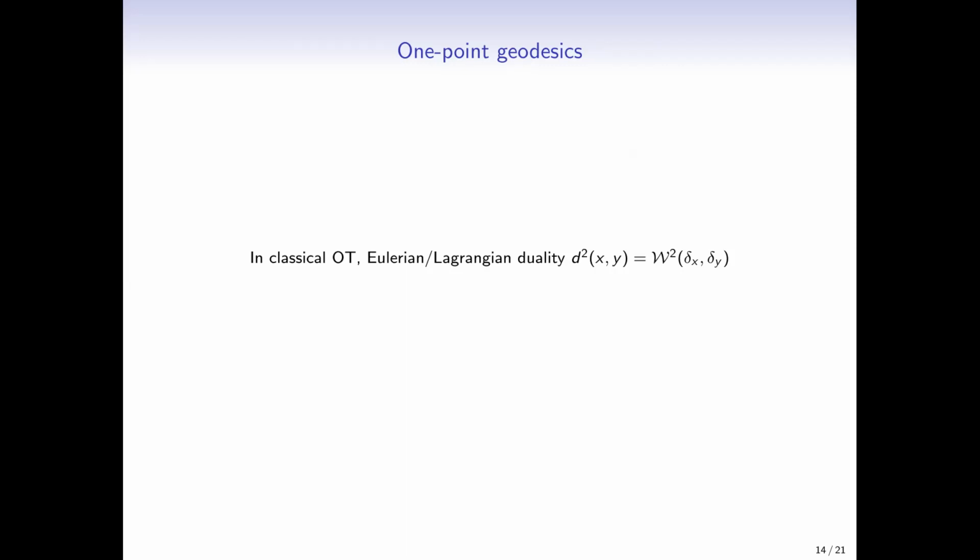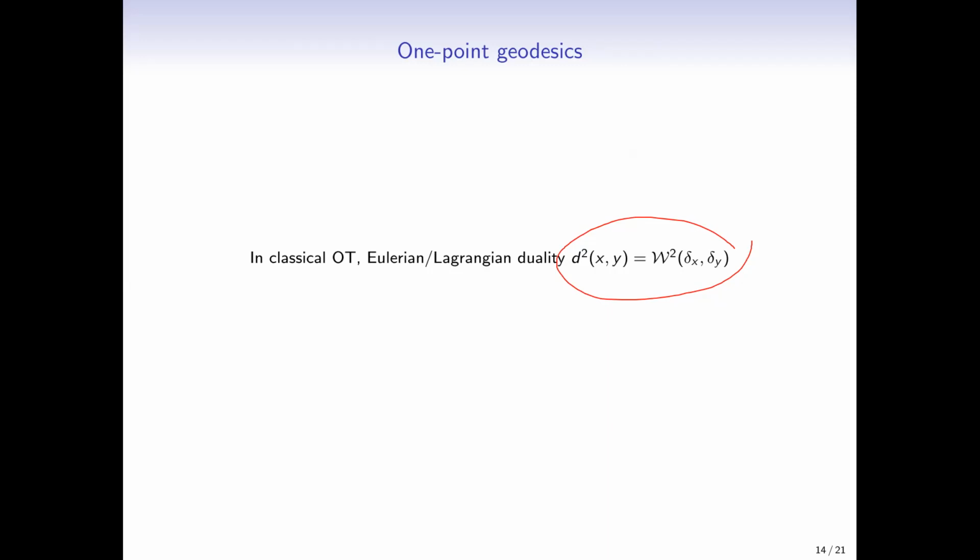One way to say that is that if you compute the Wasserstein distance between two Dirac deltas, one located at x and the other located at y, this is exactly the squared distance in the omega domain between position x and y. And this has a lot of consequences in the theory of optimal transport. I don't want to go too much into the details, but this is very crucial in optimal transport.